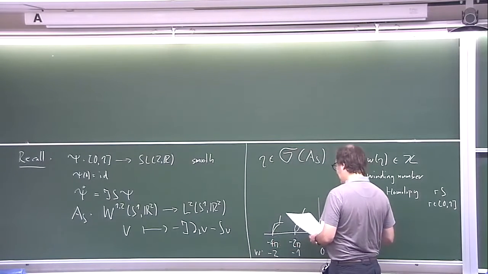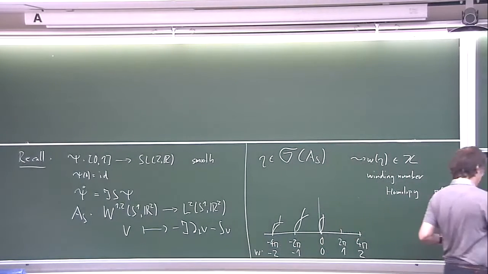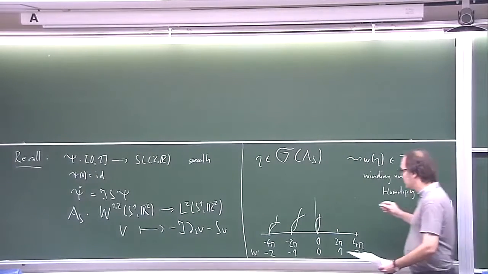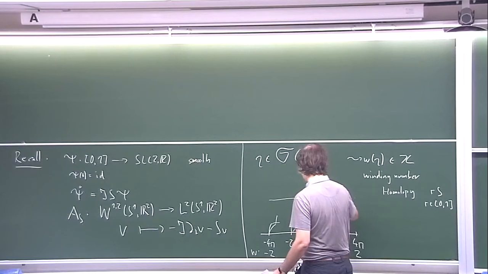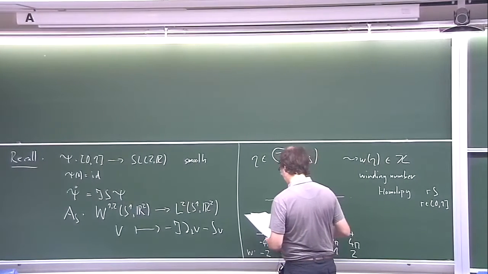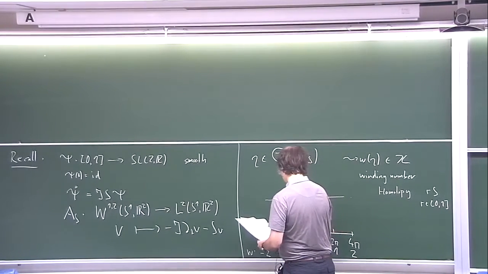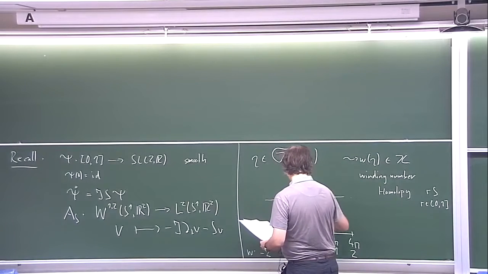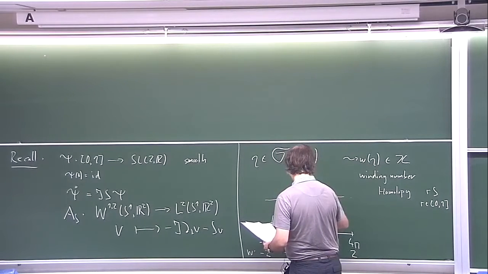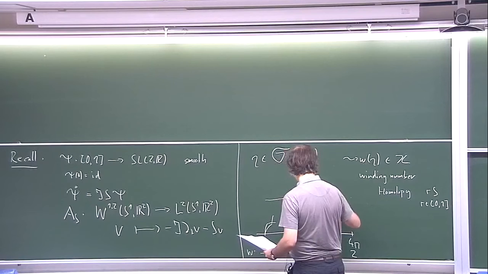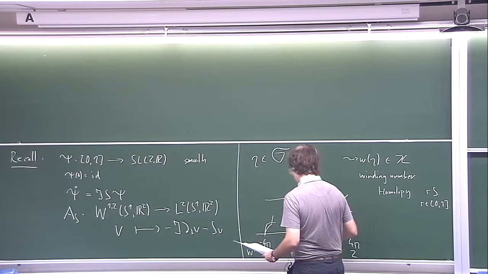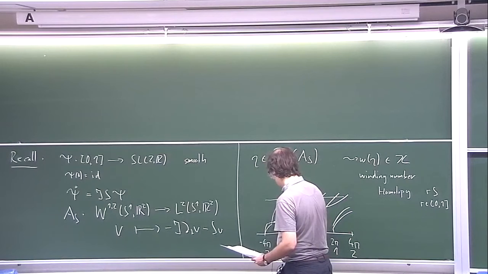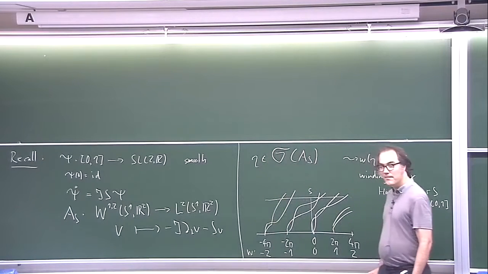And then maybe here is S. So maybe let's look at this situation. So we assume that this crosses 0, but these two don't cross.